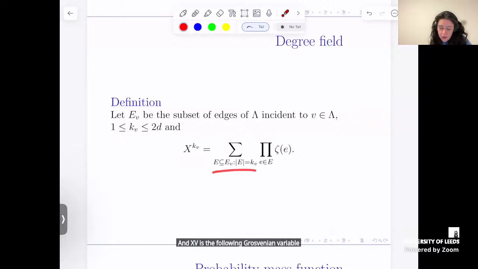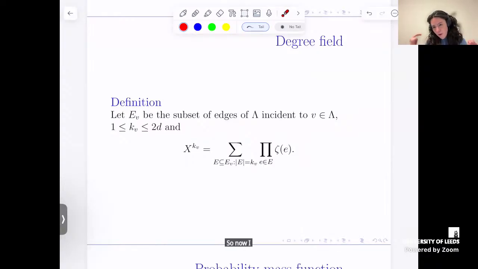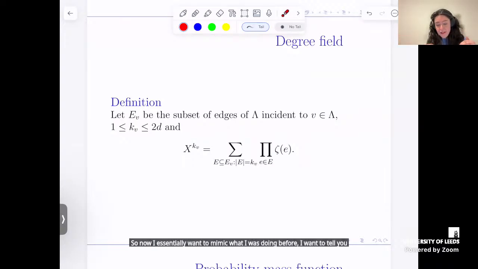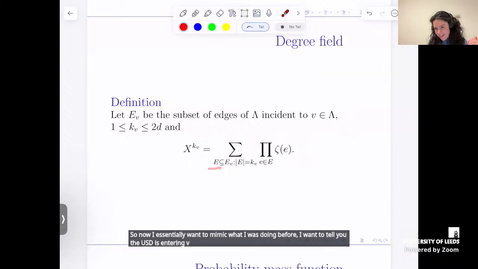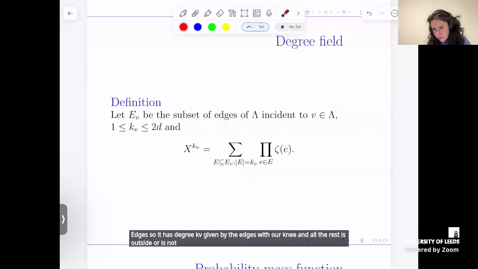It's just a sum over the subset of edges of cardinality exactly KV of the product of the zetas on these edges. So now I essentially want to mimic what I was doing before. I want to tell you the UST is entering V in E edges. So it has degree kV given by the edges which are in E, and all the rest is outside or is not included into the UST.